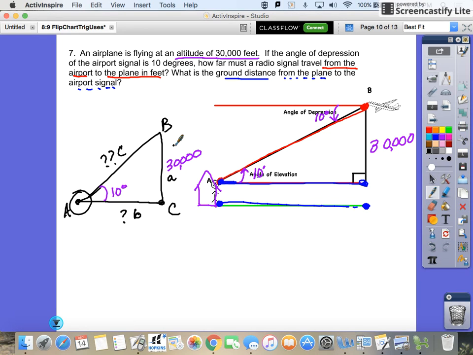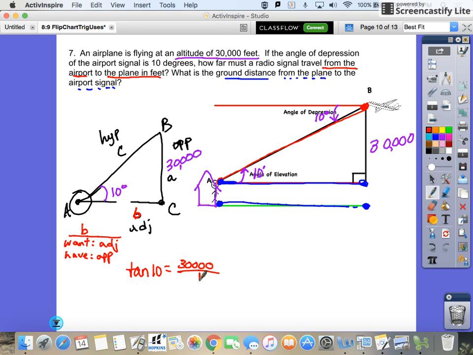This would be our op. This would be our height. And this would be our adjacent. So let's say we want to find side B first. If we want to find side B, we want the adjacent, and what we have is the opposite. Adjacent and opposite is tangent, so tangent of 10 is equal to opposite over adjacent.